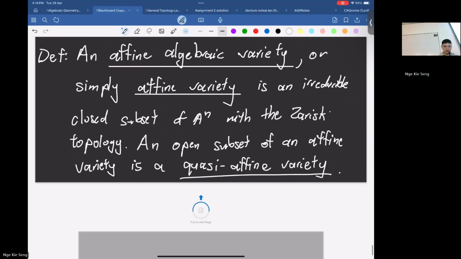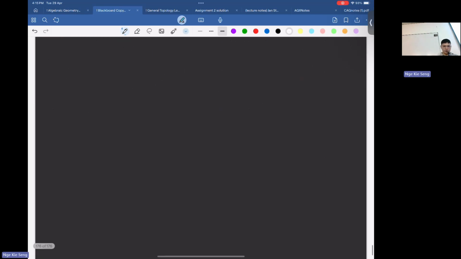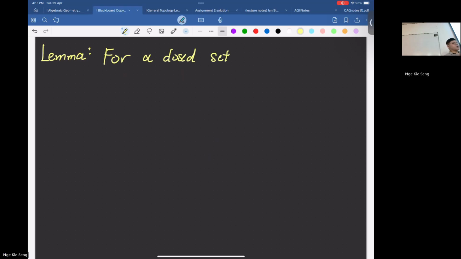I'll recall one lemma for you, which we're not going to prove. It's a topology lemma. If you have a closed set V, the following are equivalent.